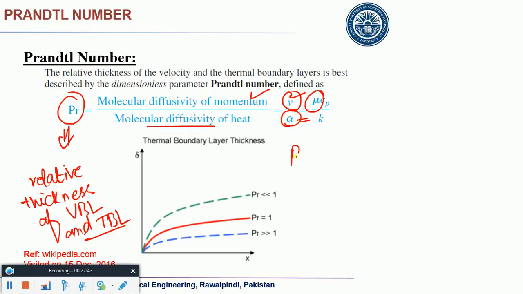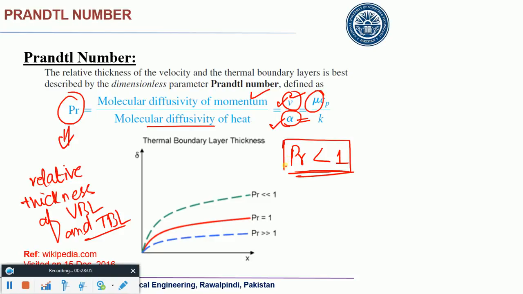Now if Prandtl number is less than 1, alpha is bigger than nu, isn't it? If Prandtl number is less than 1, the term in the denominator should be larger, right? With this value of Prandtl number, what would you say about the thickness of the boundary layers?